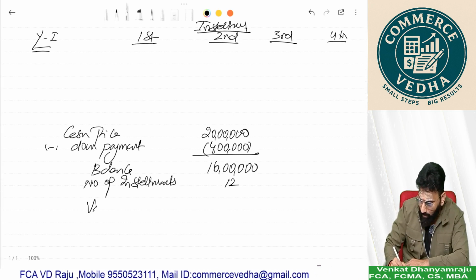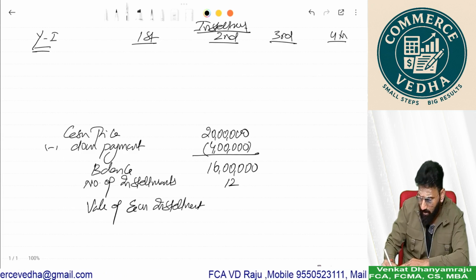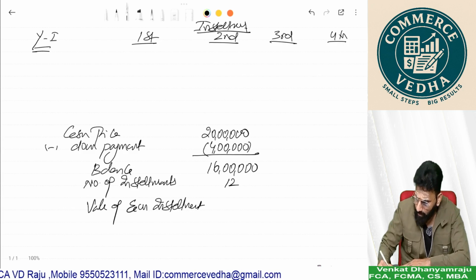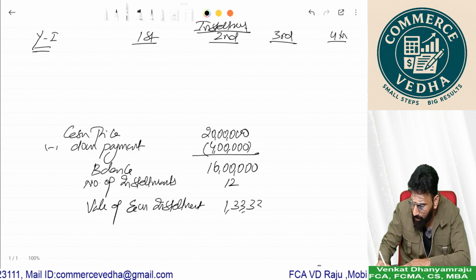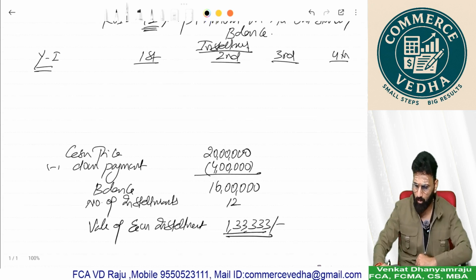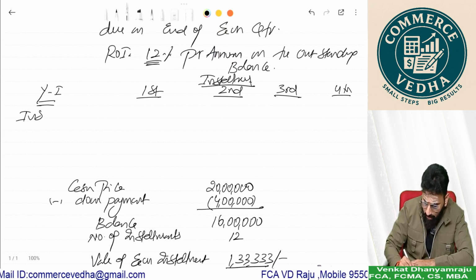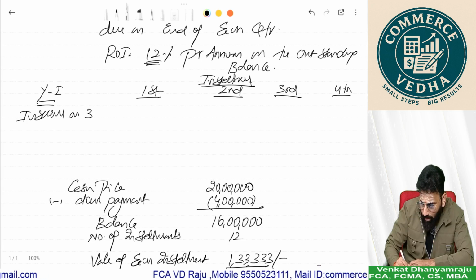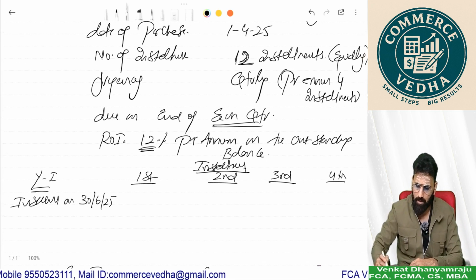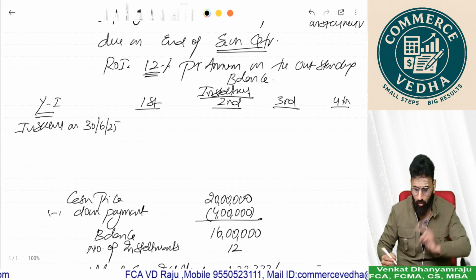So value of each installment, we should see the value of each installment is 1,33,333 rupees. This is the value of each installment. Now, first year, if I make first installment on 30th June 25, because at the end of each quarter, date is 1/4/25 and is 30th June 25. How much I should pay?